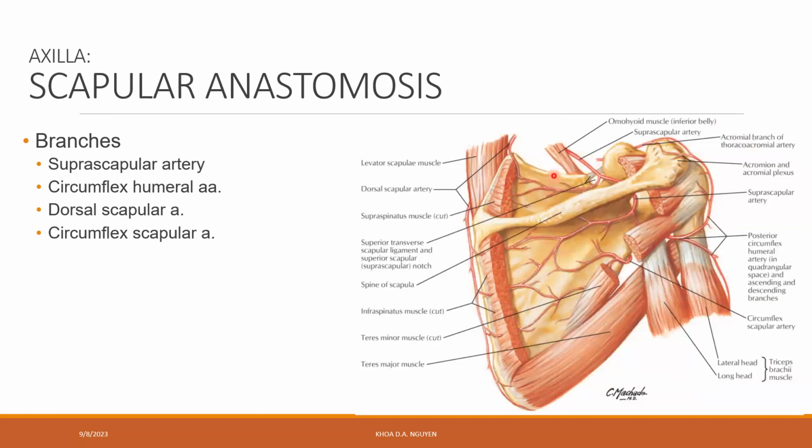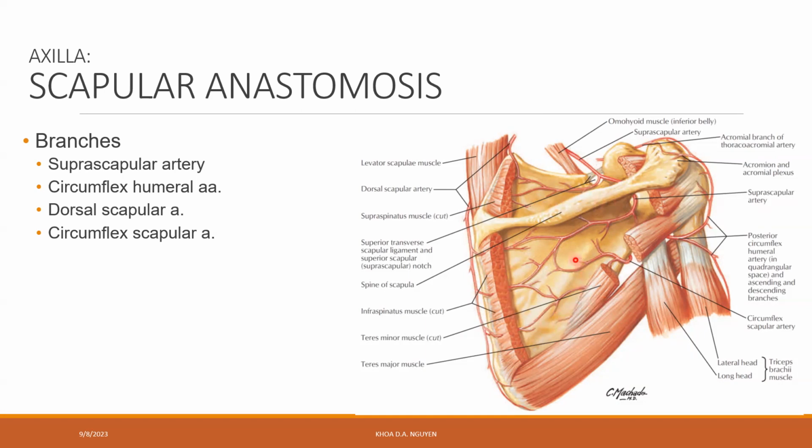Then you will have two branches that arise from the subclavian artery. The suprascapular artery right here, which is going to go over here and anastomose with the circumflex scapular artery right here, as well as the dorsal scapular artery, which is another side branch from the subclavian artery, which goes down here like this and anastomoses with the other two.